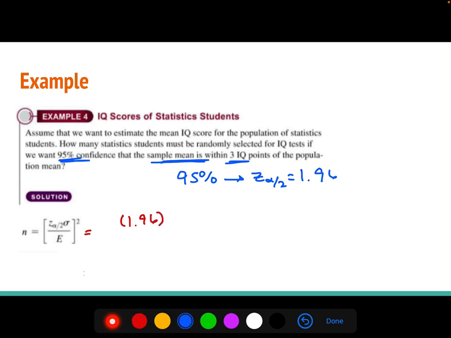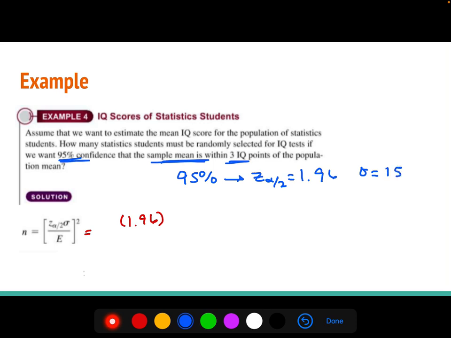And then our sigma. In this case, 95%, 3 points of the population mean. So sigma, oh, we used it before.